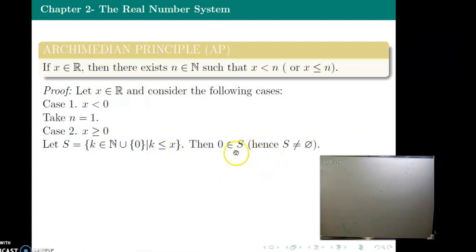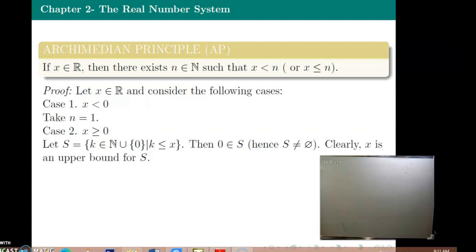Then of course 0 is in the set S, so k could be 0 because k is a whole number. If k is 0, then 0 is less than or equal to x, since x is 0 or positive. So 0 is in S, since S is not empty. Clearly, x is an upper bound for S.